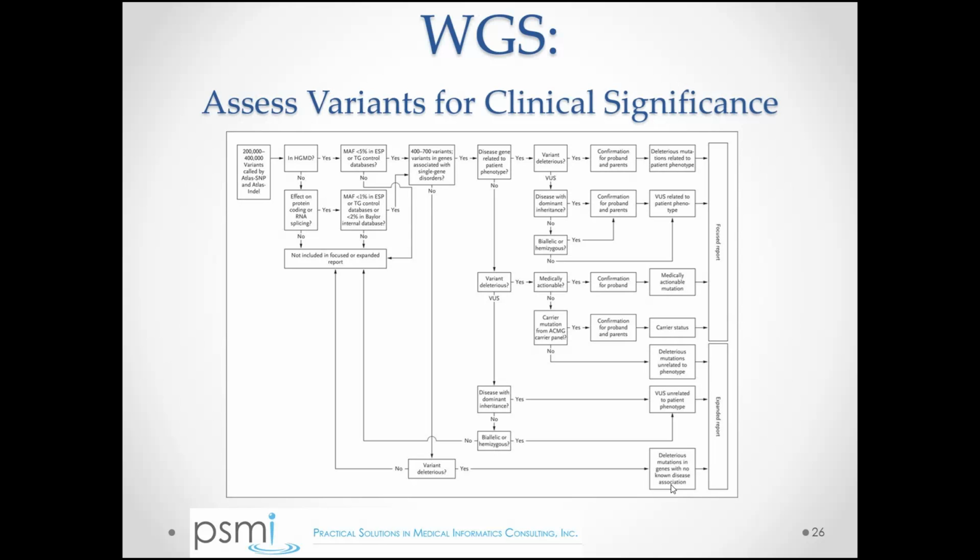They used a whole exon sequencing approach to diagnose a range of conditions in 250 consecutive patients at Baylor. And they did establish a diagnosis in about 25% of cases, but also they confirmed all findings with Sanger sequencing. So they started off by having 200,000 to 400,000 variants. We have 4 million because we're doing whole genome sequencing, and this was based on whole exome sequencing.